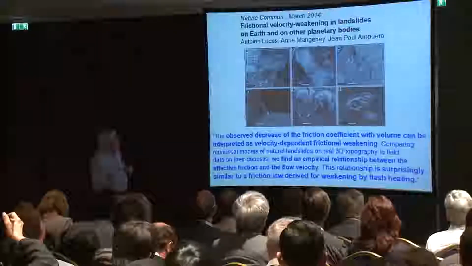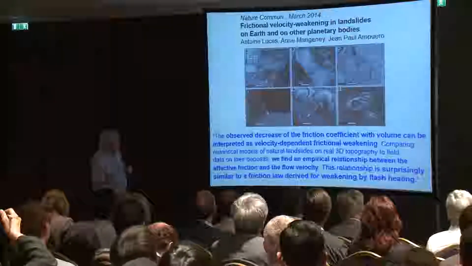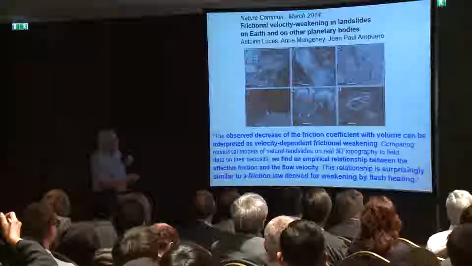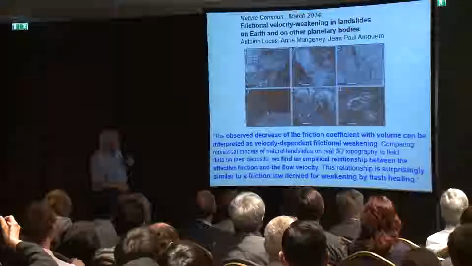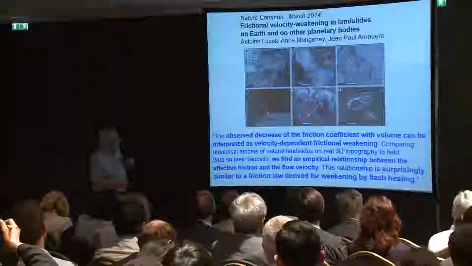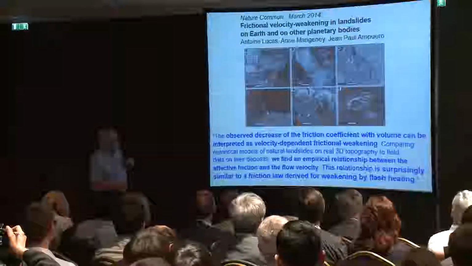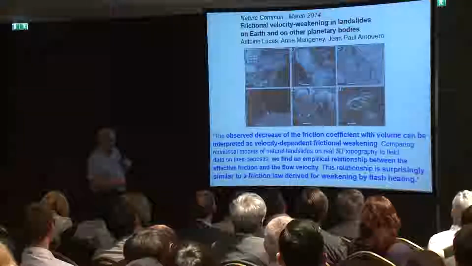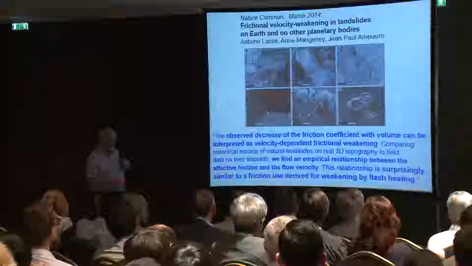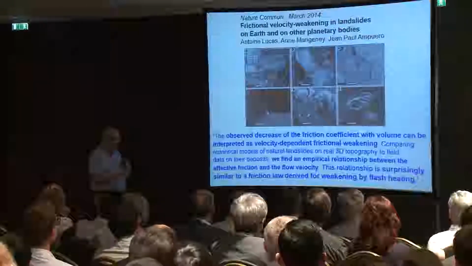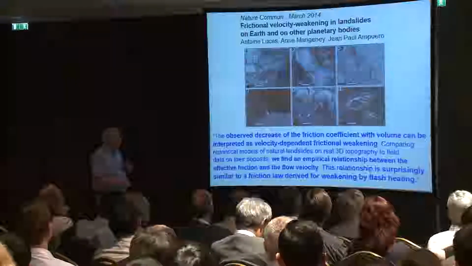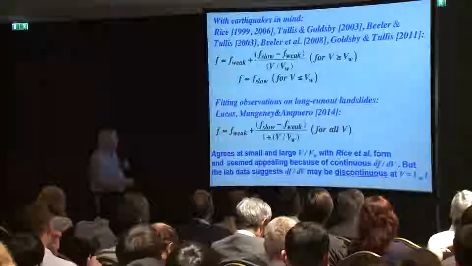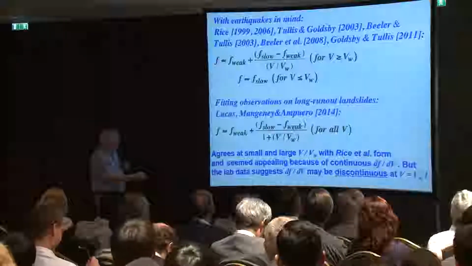Okay, now this is a digression, and I'll go through it rather fast, but there's also a group of researchers who recently looked at remote imaging of large landslides and tried to work out the mechanics and asked themselves the question of what friction law would be needed at the base of the landslide in order to match the dynamical development of the slide. And they came up with a law which is down here.